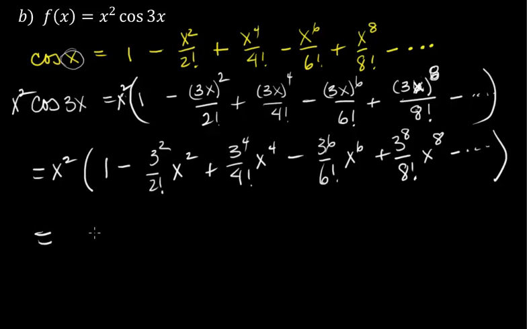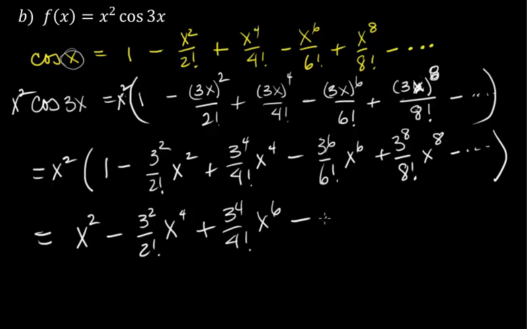And now you just add 2 to the exponent on x. And of course x squared times 1, so we get x squared minus 3 squared over 2 factorial x to the 4th plus 3 to the 4th over 4 factorial x to the 6th minus, and so on. So there's the answer to that one.